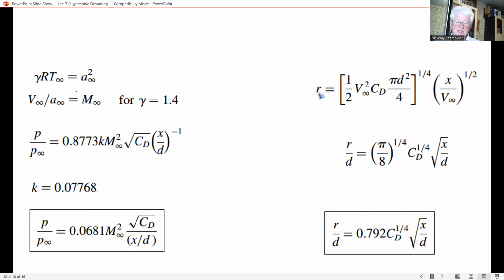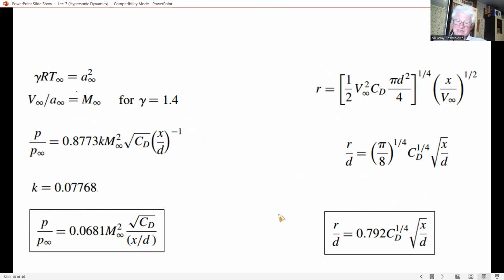From here, we may find the relation of r to D. It gives us pi over 4 to the power 1 over 4 times coefficient CD to the power 1 over 4 and times the square root of x over D. For a blunt cylinder, we get this expression on the right bottom part of the slide: r over D equals coefficient 0.792 times CD to the power 1 over 4 and times the square root of x over D.